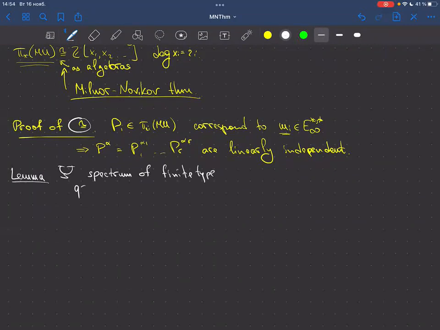Let q be any integer and s be a non-negative integer.